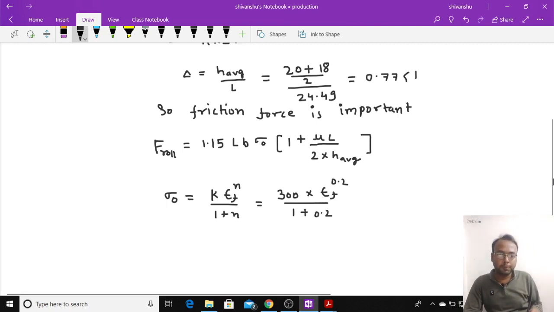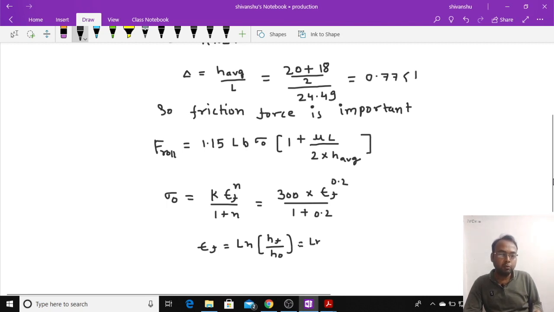Epsilon F, that is true strain, is given by ln of H final divided by H original.